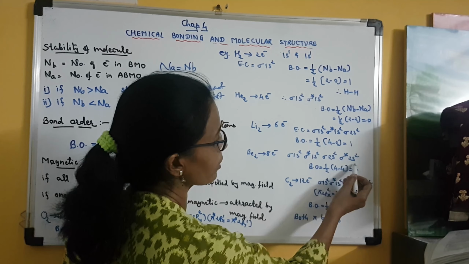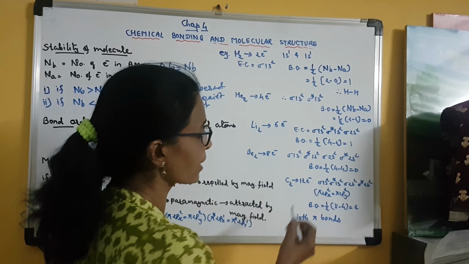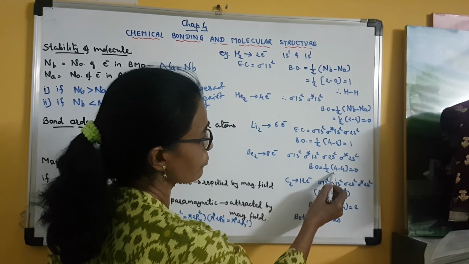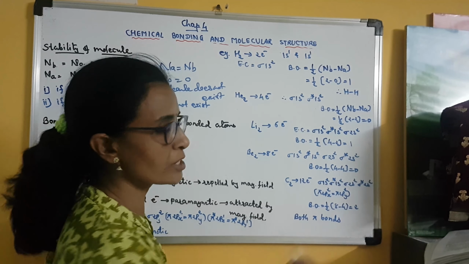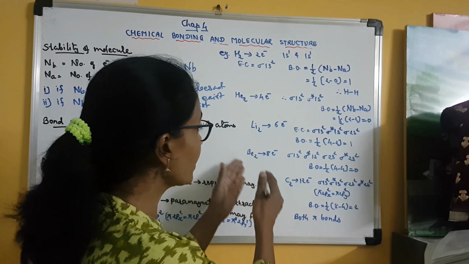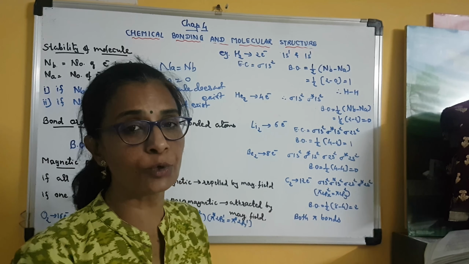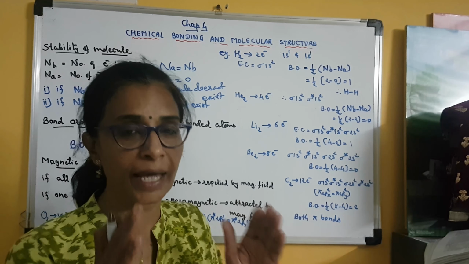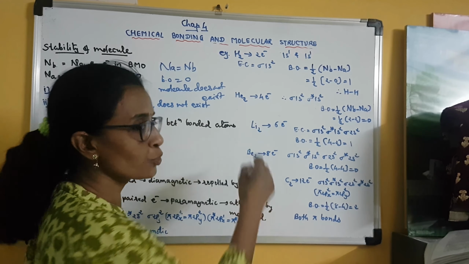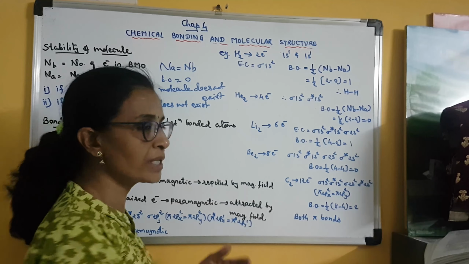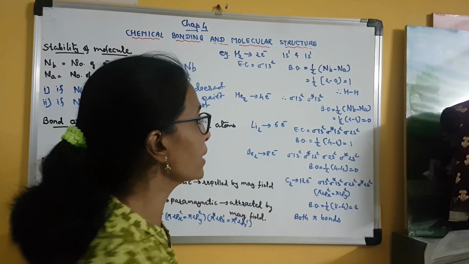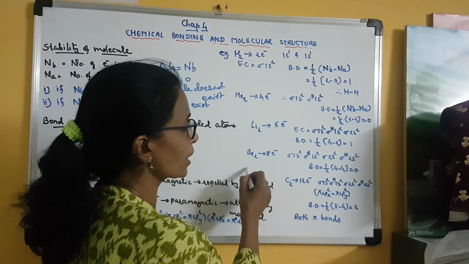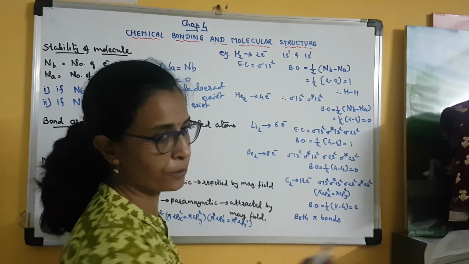Similarly, in anti-bonding also there are 4 electrons. Clear? So bond order is half into 4 minus 4, so it is 0. So the beryllium 2, Be2 molecule also does not exist. Like He2 does not exist, likewise Be2 does not exist. Why? Because for both these molecules bond order is 0.